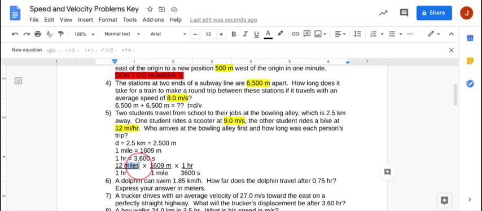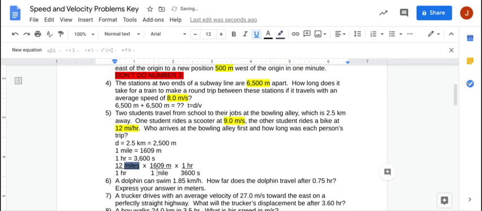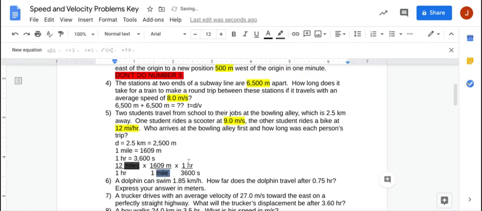So when you do a conversion factor, you're going to cancel out miles, and hours are going to cancel out.